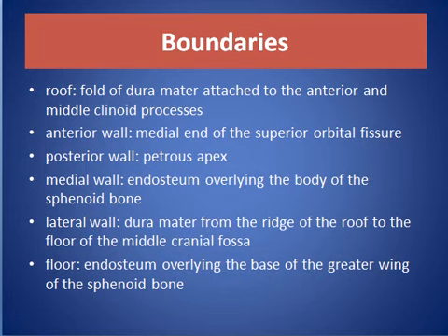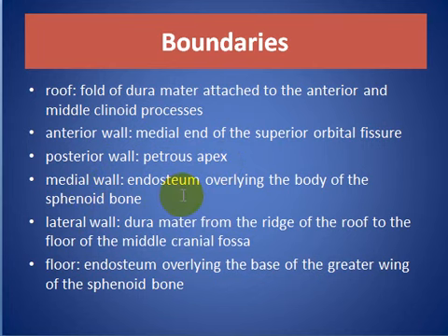The boundaries of the cavernous sinus: the roof is a fold of dura attached to the anterior and middle clinoid processes. The anterior wall is the medial end of the superior orbital fissure, and the posterior wall is the vitreous apex.